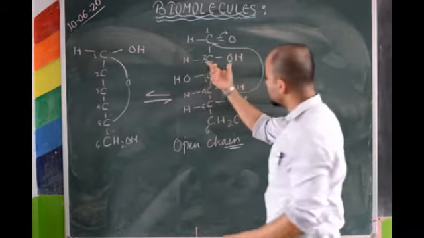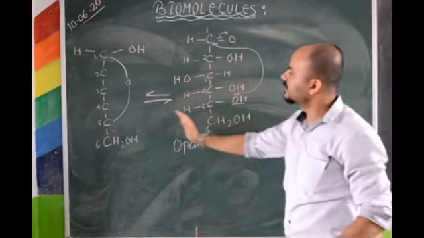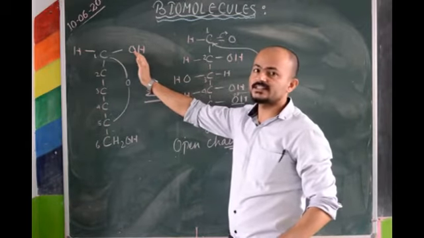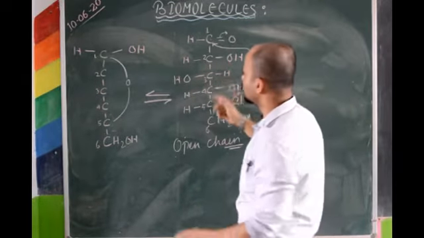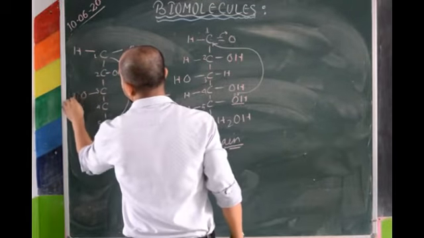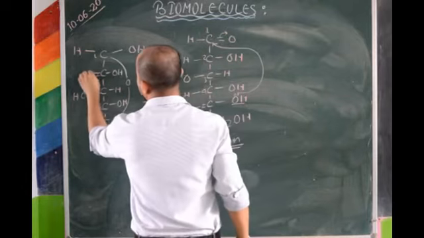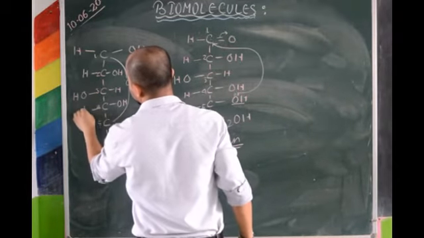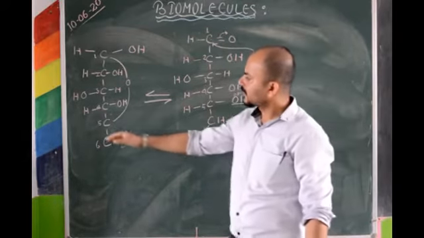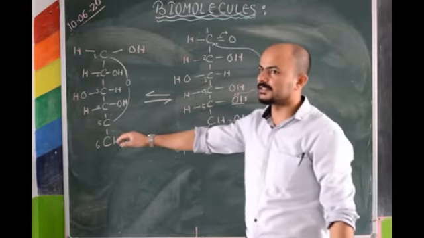The rest of the groups are written as in the open chain: on carbon number 1, OH is this side, then carbon 2 OH, OH, and OH, and the remaining valencies of carbon are fulfilled by hydrogens. Don't forget this part.